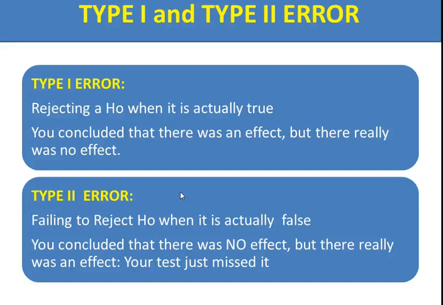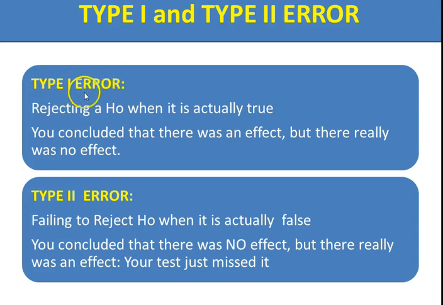And type 1 error is the name of the probability by which you can be wrong when your decision is to reject the null. So any time that you reject the null hypothesis and you conclude that there was an effect, you could be wrong. And type 1 error is the probability that you're wrong.